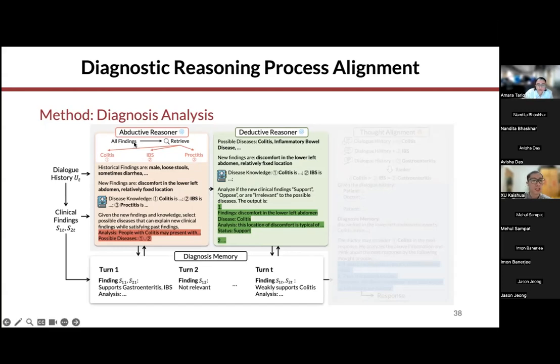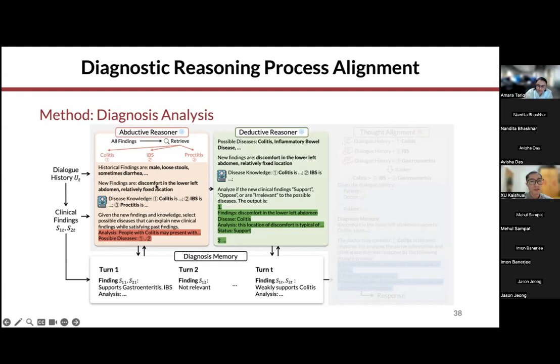The first one is abductive reasoning. Here we use the clinical findings to retrieve diseases, and then we leverage the LLM to filter out diseases that are not relevant to the patient conditions.